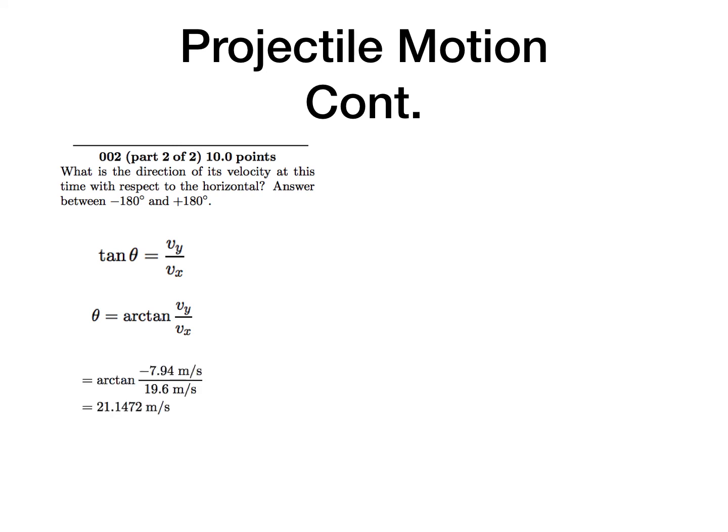We take the two velocities from our last problem, the velocity in the y direction over the velocity in the x direction, and find the arctan, and we see that the direction of the velocity at this time with respect to the horizontal is once again 21.1472 meters per second.